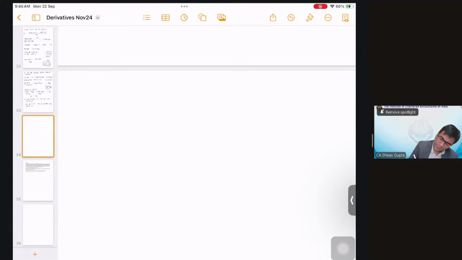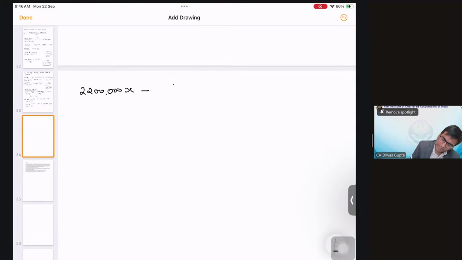So which is 22 lakh X minus 40 lakhs is equal to minus 1000 into 700. So X becomes 1.5.